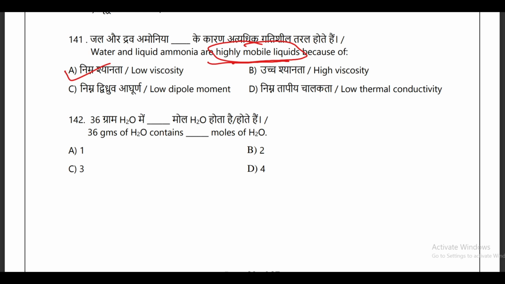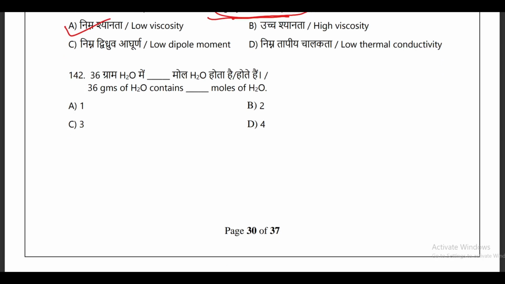In the next question, they are saying 36 gram of water contains how many moles of water? So you have to tell them moles. You know the formula: number of moles is mass over molar mass.